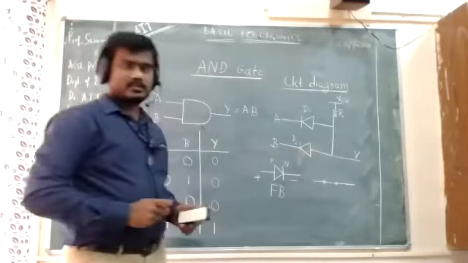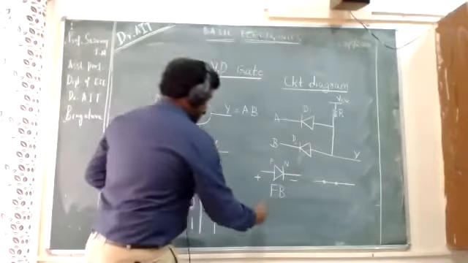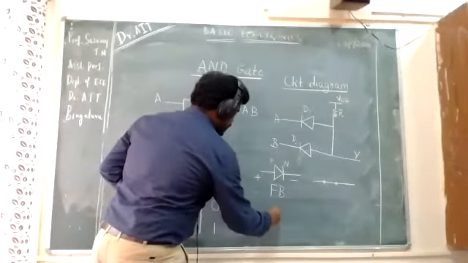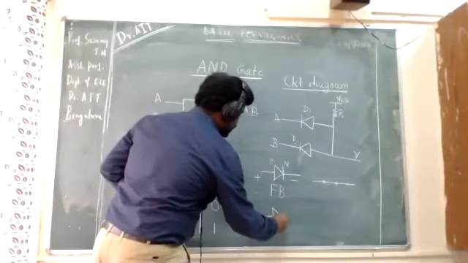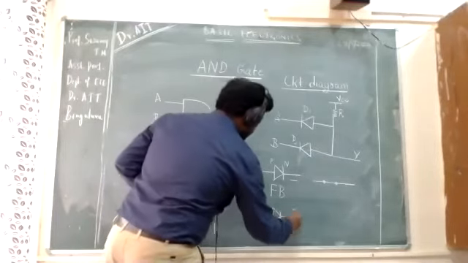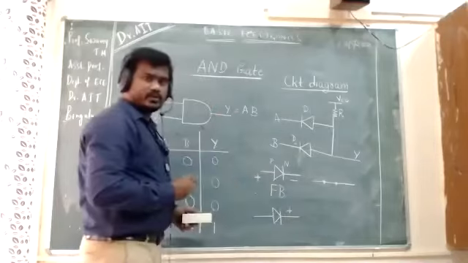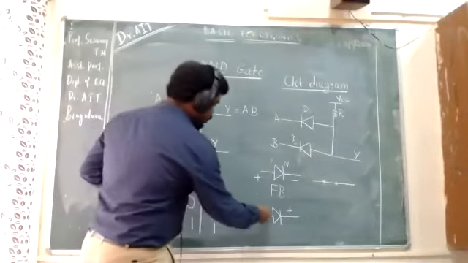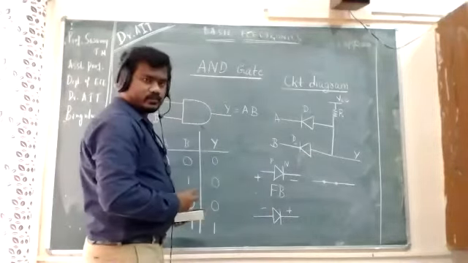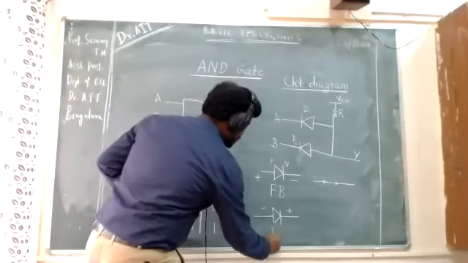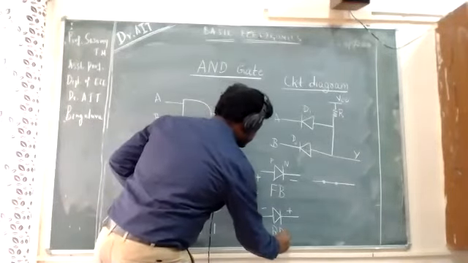Then the next case: when you apply a very high voltage at the N terminal of the diode and a lower voltage at the P terminal, this case is called reverse bias condition.